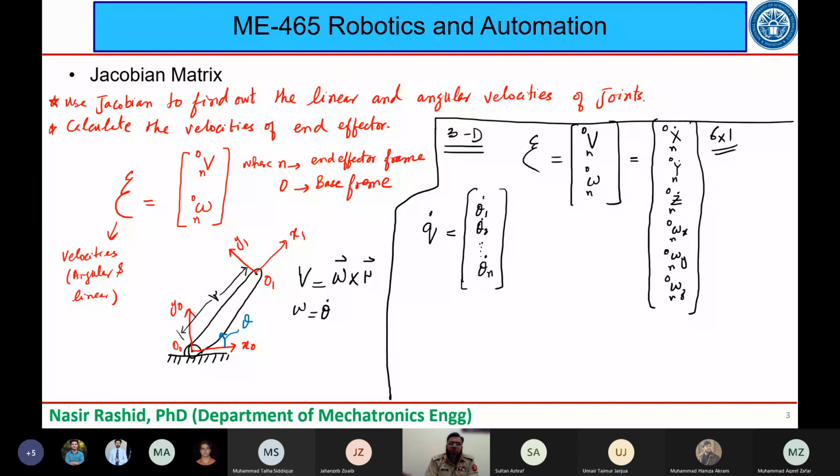Okay, if there is no question, so n will be the number of joints. If we have all n joints as revolute joints, this vector Q dot will look something like this. This is for n revolute joints.